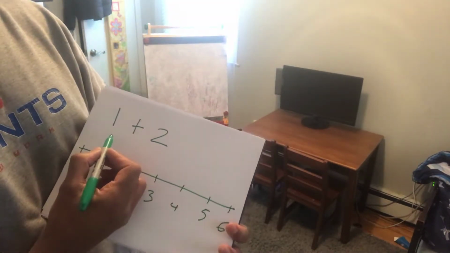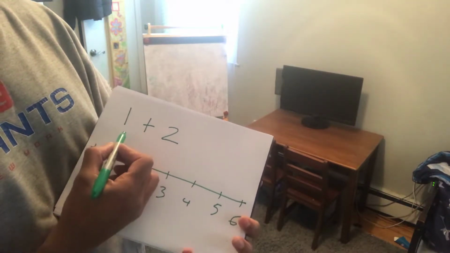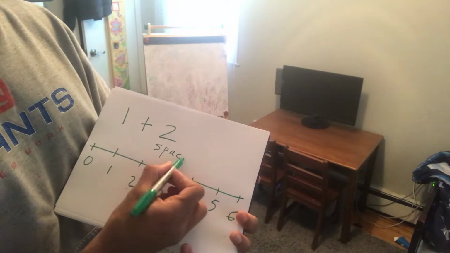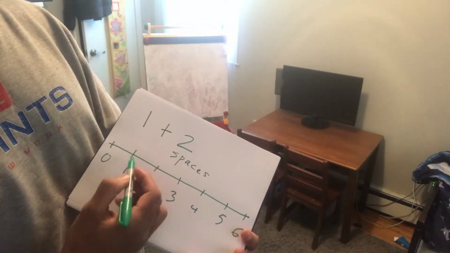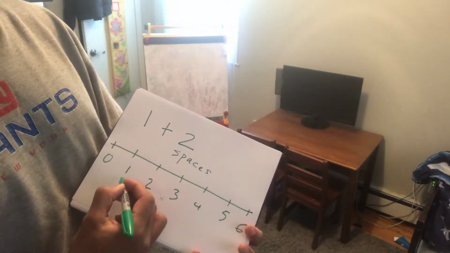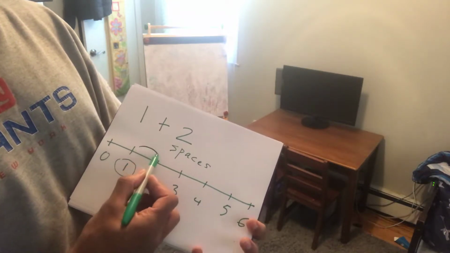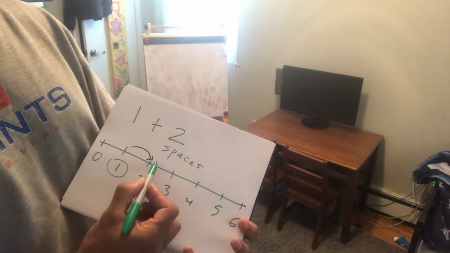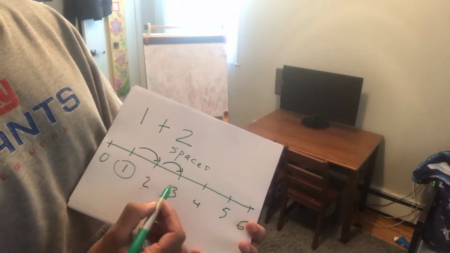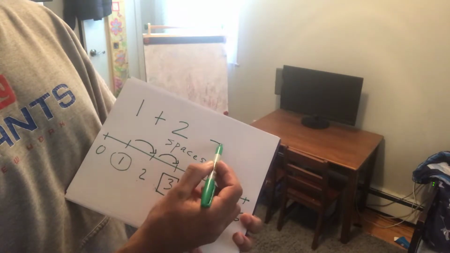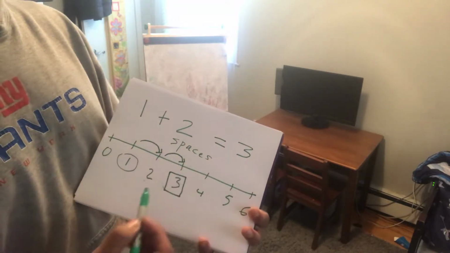You start at 1 right here and you go 1 space, 2 spaces, and you are at 3. So 1 plus 2 is equal to 3.